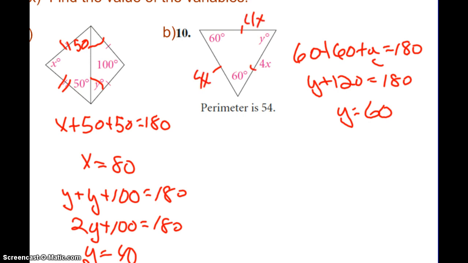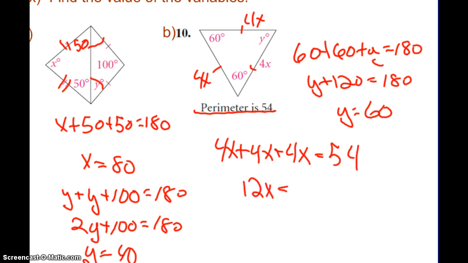If they're all 4x, then 4x plus 4x plus 4x is equal to the perimeter, 54. Solving this, we got 12x is 54. We divide both sides by 12, and you get 4.5 for the value of x.